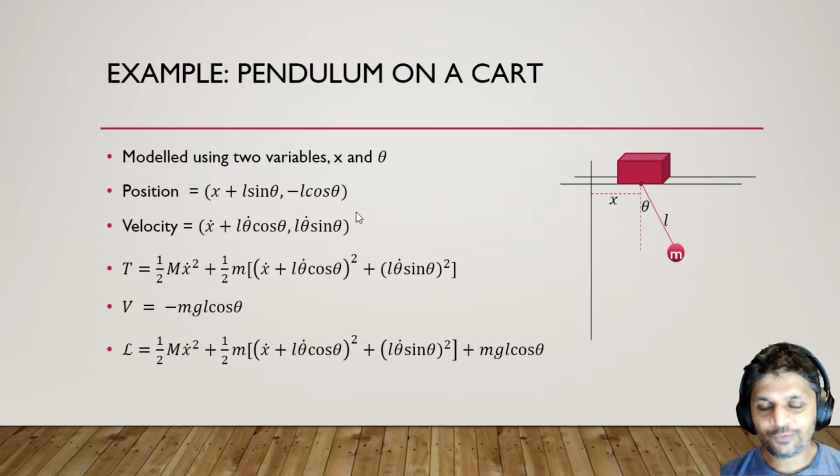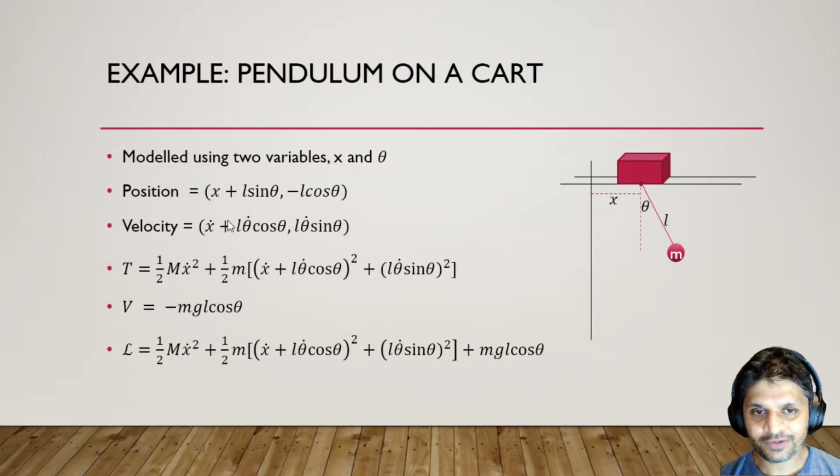Okay, and now we have to take the derivative with respect to time. So we end up with x dot plus L theta dot cos theta, comma, L theta dot sine theta. Okay, so that was just from differentiating these two things.